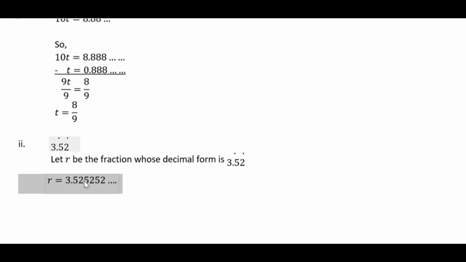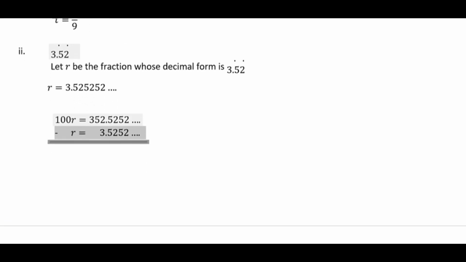So doing that, the decimal will move from here to here. So we shall have it look like 100r, when you multiply by 100 here, is equal to 352.5252, like that. Subtract this one, the original fraction and decimal, this one that we have said r is equal to the fraction and this is the decimal part. So subtract this one from here.